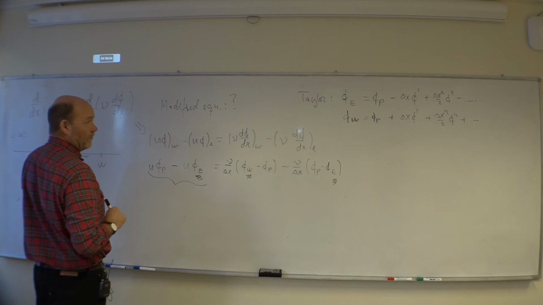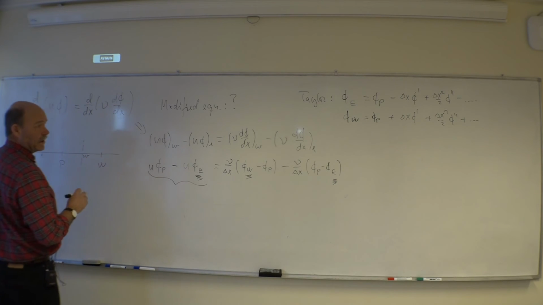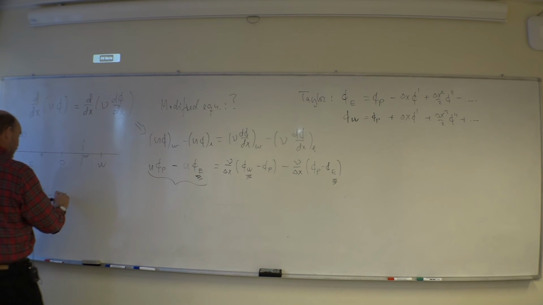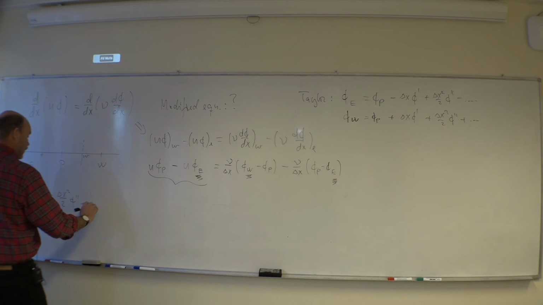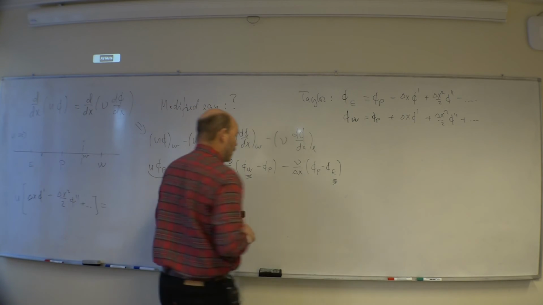And then you will have minus delta x square half phi double derivative and even higher order terms, equal.